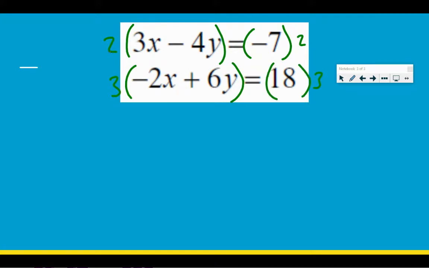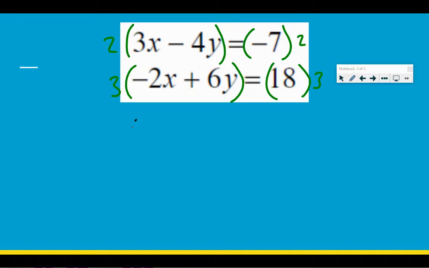And when I do that, 2 times 3x will be 6x, and 3 times negative 2x will be negative 6x. So by multiplying everything by 2 on the top and everything by 3 on the bottom, I will have opposites.